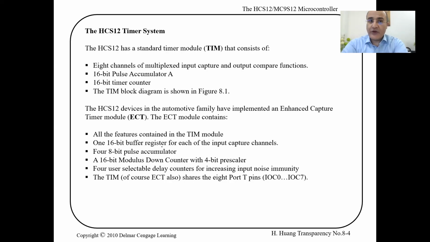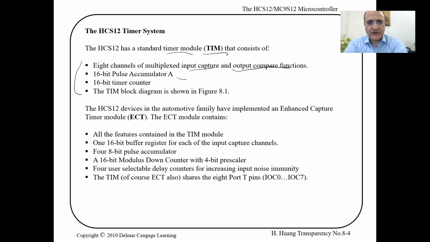The HCS12 microcontroller has a timer module called TIM. This timer module has 8 channels of input capture and output compare. I'm going to talk about this. What does it mean?